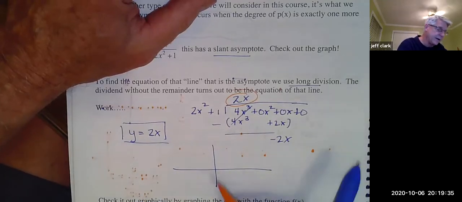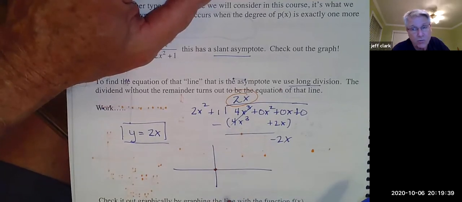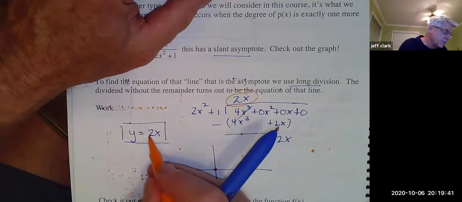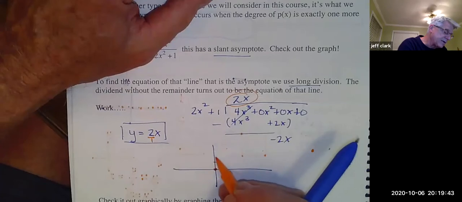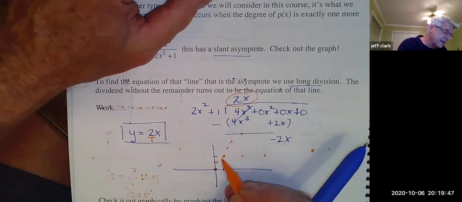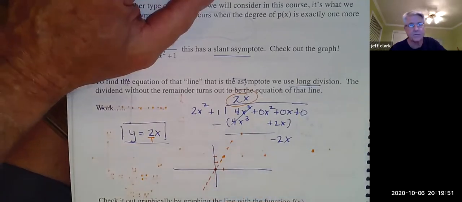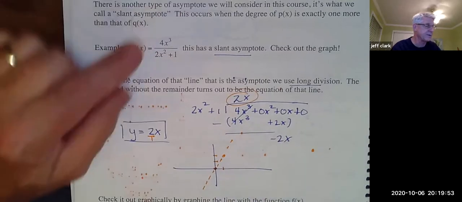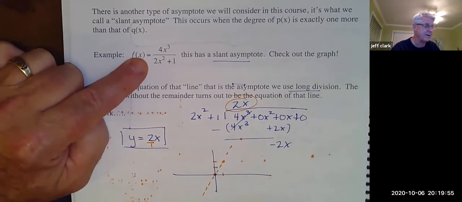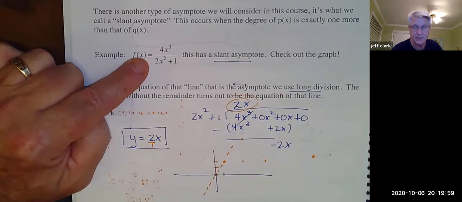So I went here, and then did the slope, which is 2 over 1. I went up 2 and then right 1, and then did a dotted line because that's called a slant asymptote. You'll see by the picture that the behavior wraps around this line.